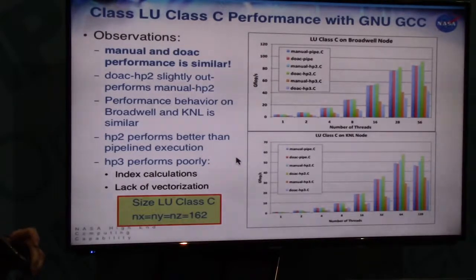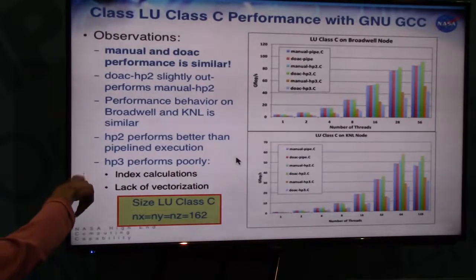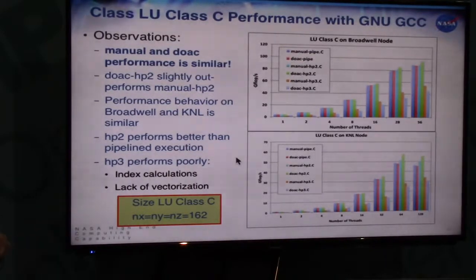The Doacross hyperplane is slightly better than the manual one, which is not too surprising since the scheduling is somehow different. And then the architecture didn't really matter. We observed the same behavior on Broadwell as well as on KNL. In general, we are not really into comparing these algorithms.